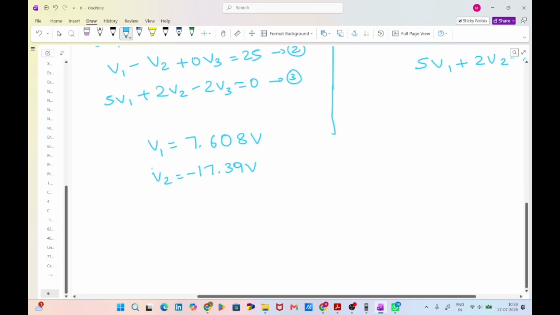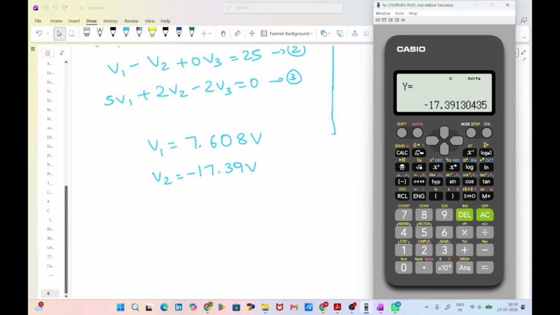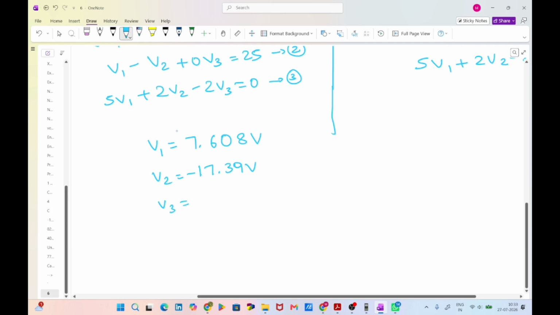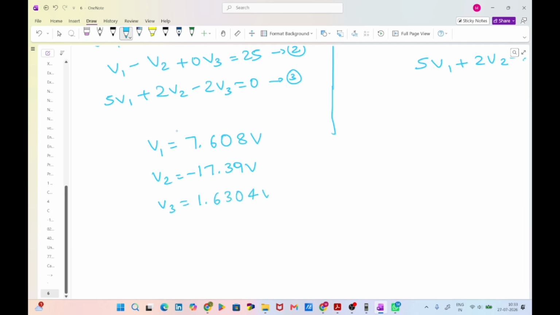Then I click on equals again, and V3 is equal to 1.6304 volt. I will put a box around this.